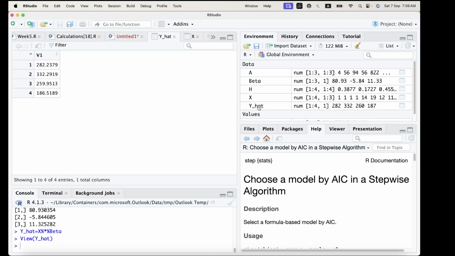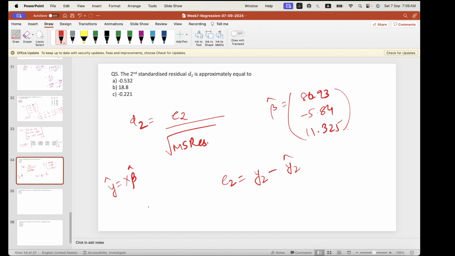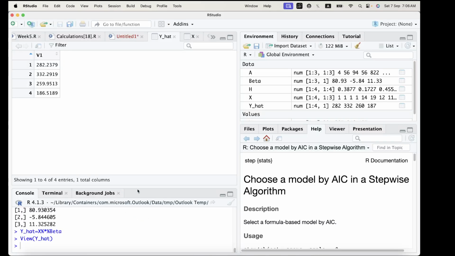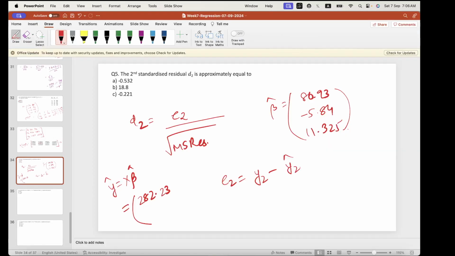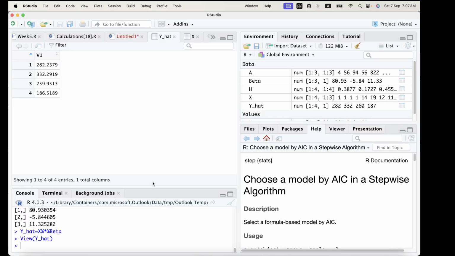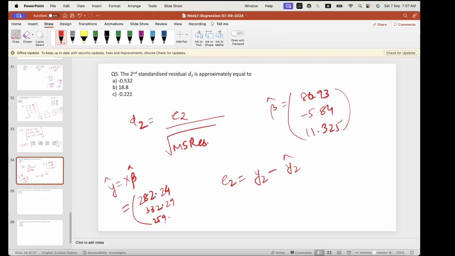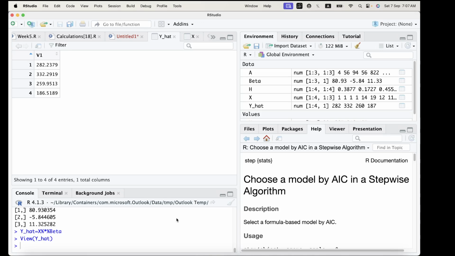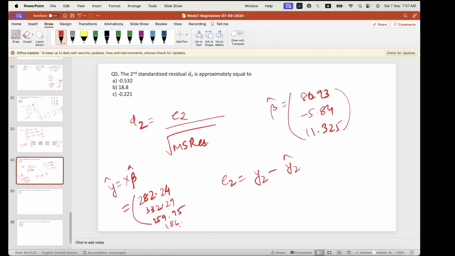So y hat values then become this thing. So y hat is actually 282.24, Y2 hat is 332.29, Y3 hat is 259.95 and Y4 hat is 186.52.